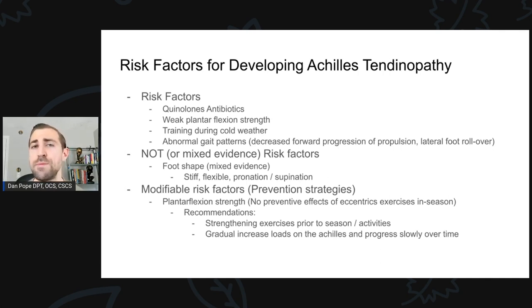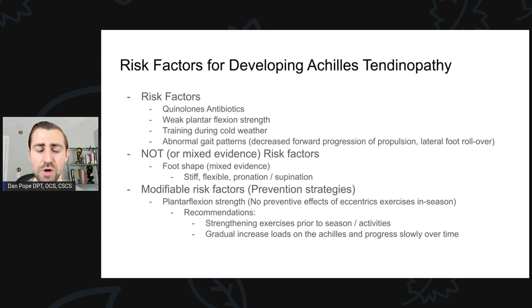Maybe if we started this strengthening program in the months leading up to the season, we'd have reduced injuries throughout the season, but we don't necessarily have the research to show this. So the authors made recommendations based on the information we have, although this hasn't been fully studied yet.